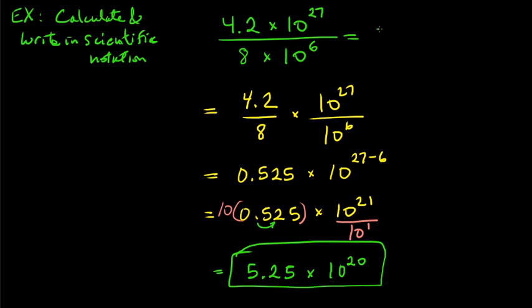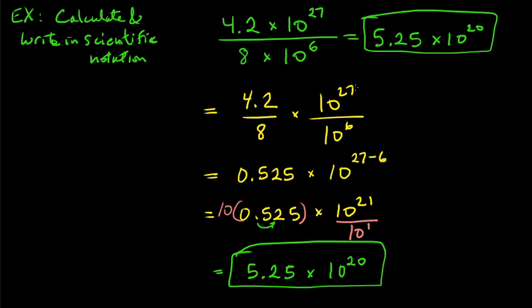This equals 5.25 times 10 to the power 20. So, yep, whether you're multiplying or dividing numbers in scientific notation, very often you have to be careful and you might have to move the decimal 1 or 2 more places. All right, so try this one.